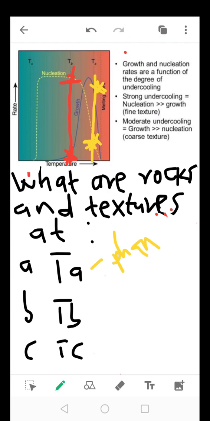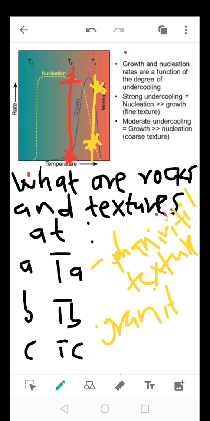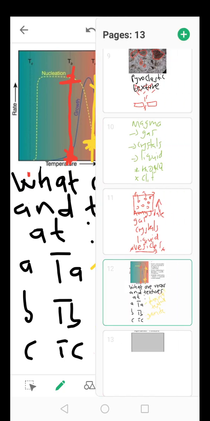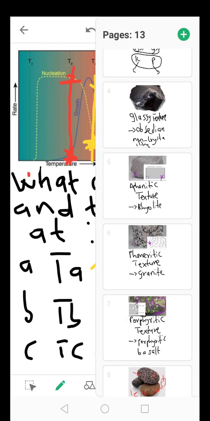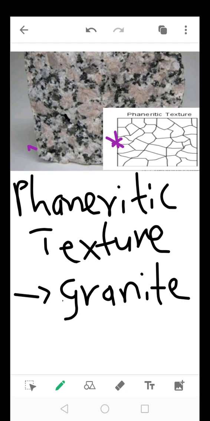Phaneritic texture in TA. And then for the rock, you can choose the gabbro, the diorite, or even the granite, and you've seen previously that the granite has crystals that can be well seen with our naked eyes.